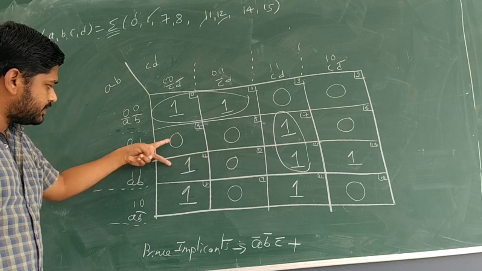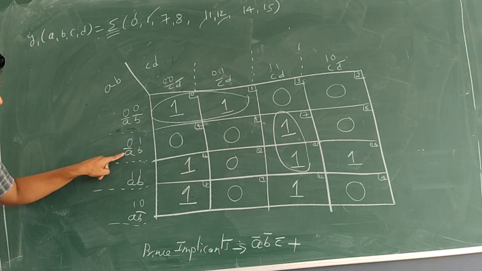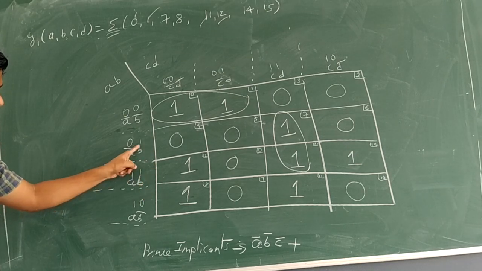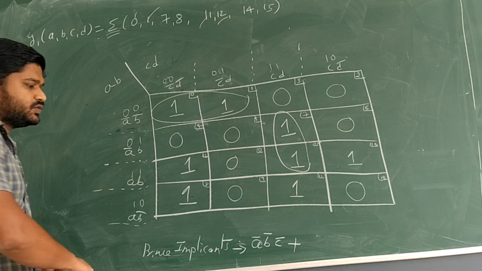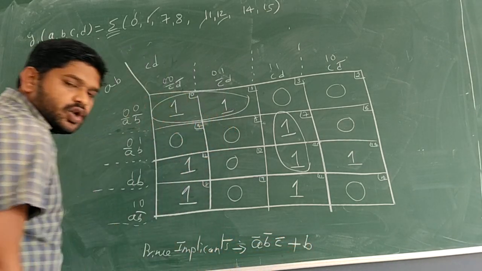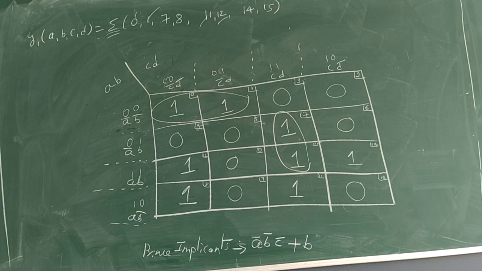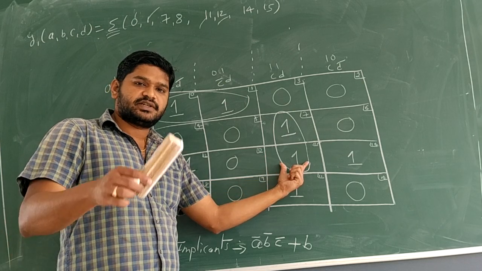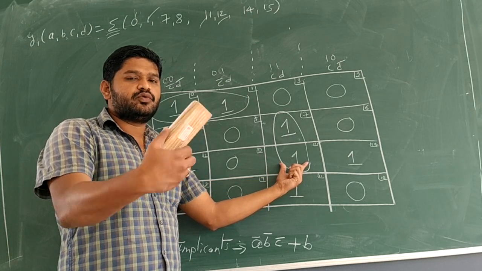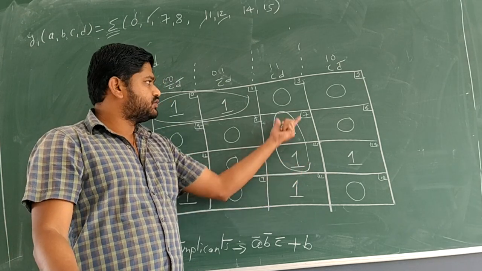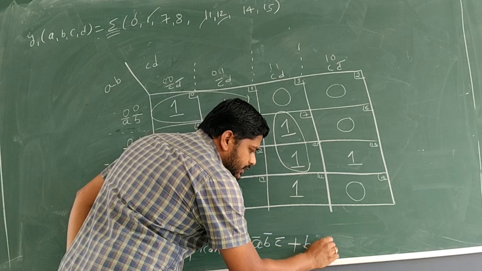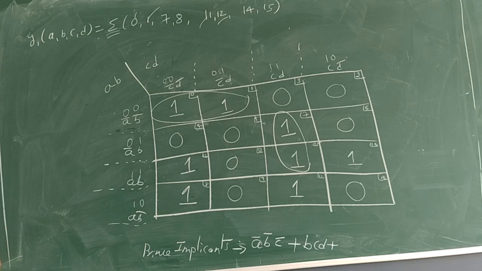Here you compare 2 rows. One side A bar, one side A. Hence cancel. What is the other variable? B. B has not changed, so we consider it. Since it is present in one column, we won't compare with another column, so all the variables of that column should be written as they are.